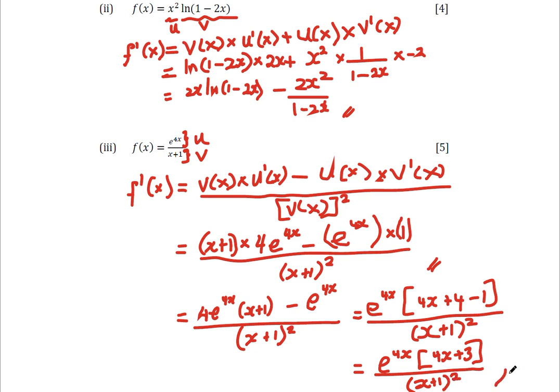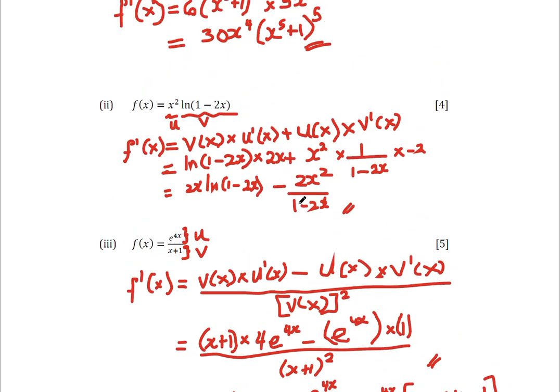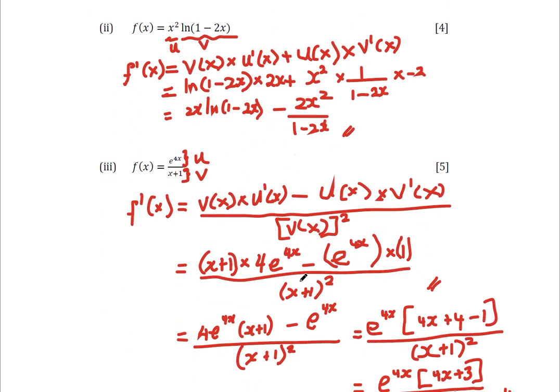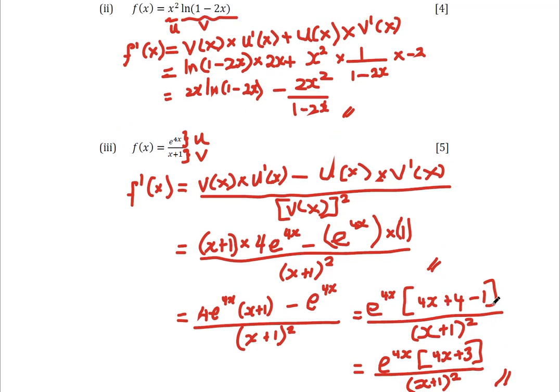Okay? And that is in a low form, a very reduced form, and we are going to leave it right there. And this is how you apply the chain rule, the product rule, and the quotient rule in differentiating functions.